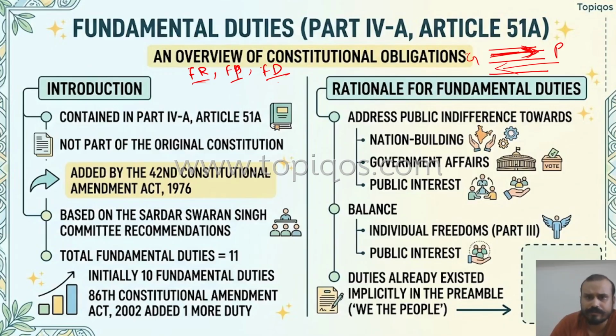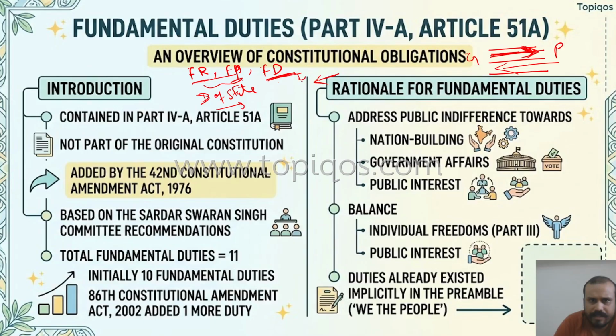So here, fundamental rights and fundamental principles are the duties of the state. That means the state is bound to perform certain duties as enshrined in parts 3 and 4. If the state has certain duties, there should be reciprocity from the people's side also.